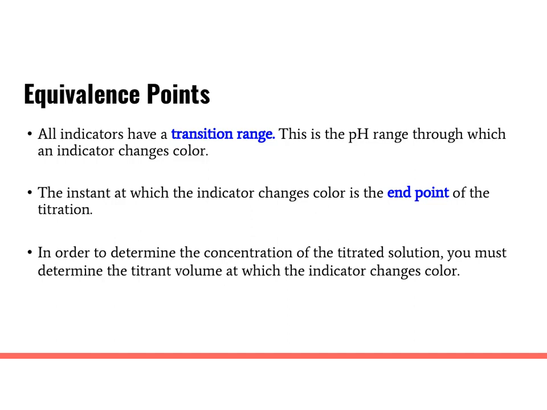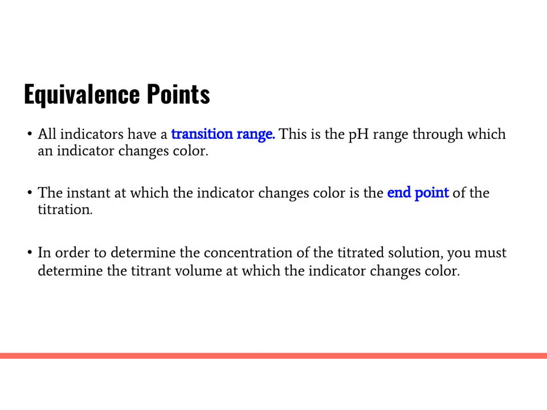So in order to do a titration, we would need something called an indicator. If I take an acid and just add it to a base, or vice versa, an acid and a base are colorless. It would just look like I'm taking two glasses of water and combining them. There'd be no way to tell when I was at that neutralization point.